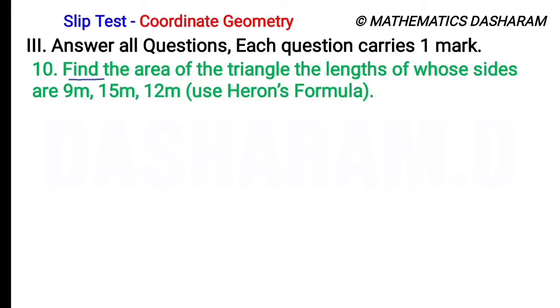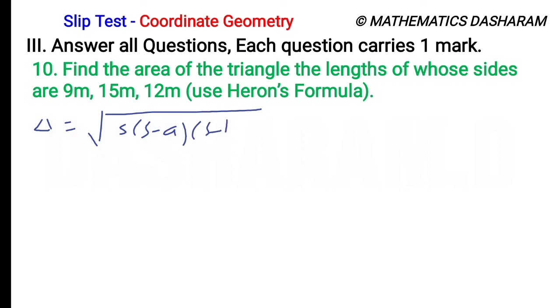10th question, find the area of a triangle, the lengths of whose sides are 9 meters, 15 meters, 12 meters. Use Heron's formula. In Heron's formula, the area of a triangle delta equals to under root s into s minus a into s minus b into s minus c.